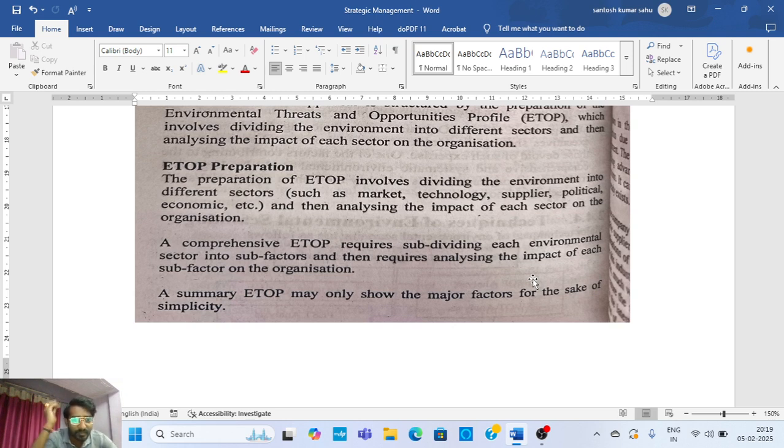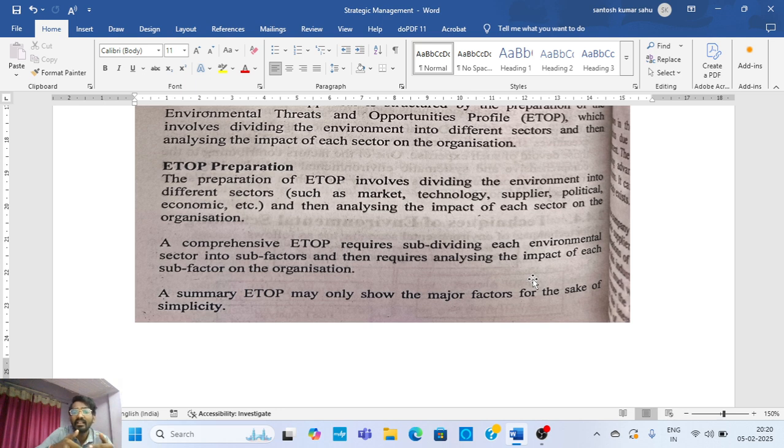Now coming to the comprehensive ETOP, it requires subdividing each environment sector into sub-factors. अभी जो factors हमने divide करके जो each factor को निकाला हुआ है, उस factor को again sub-factor में divide करेंगे, if required, to analyze the impact of each sub-factor on the organization. Okay, the comprehensive ETOP requires subdividing each environmental sector into sub-factors, right?